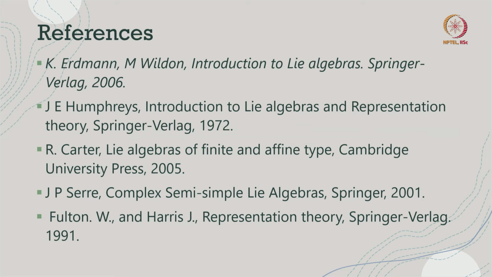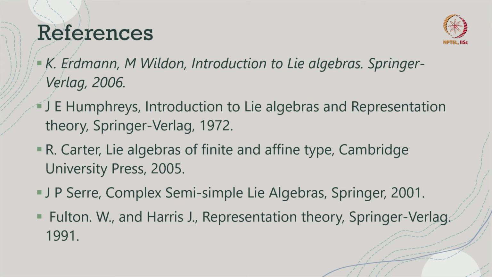We will strictly follow the following references, especially the first book by Erdmann and Wildon, which will be very strictly followed in this course. The book is titled Introduction to Lie Algebras, and I believe an Indian edition is available. Another very famous book on this subject is James E. Humphreys' Introduction to Lie Algebras and Representation Theory, and one more fantastic book on the subject is Carter's book, Lie Algebras of Finite and Affine Type.